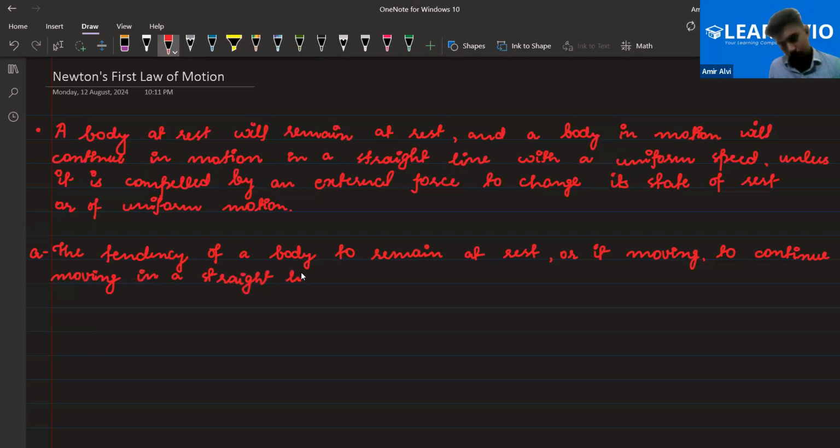What does straight line mean? It means in a single direction only.